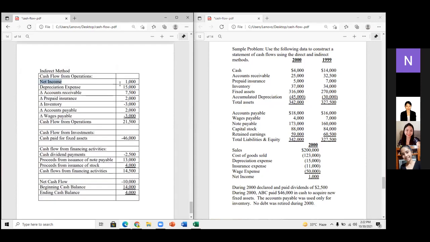Itong net income, nakuha natin siya dito sa problem, given na siya. And after ng net income, i-adjust na natin siya by adding and deducting yung mga non-cash expenses, tapos yung mga account na wala namang involved na cash.